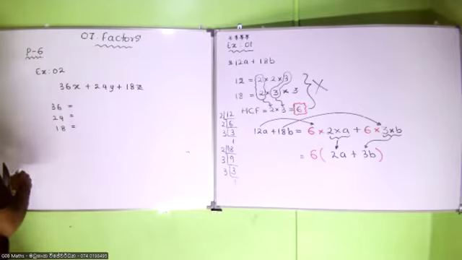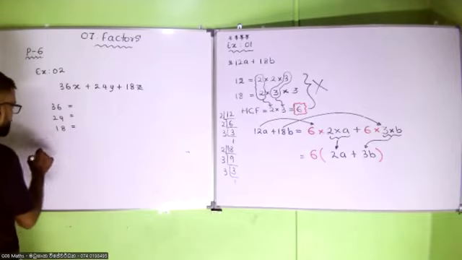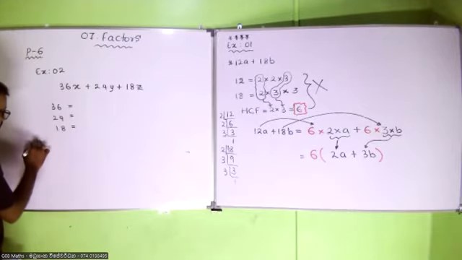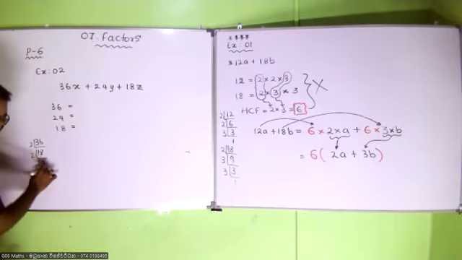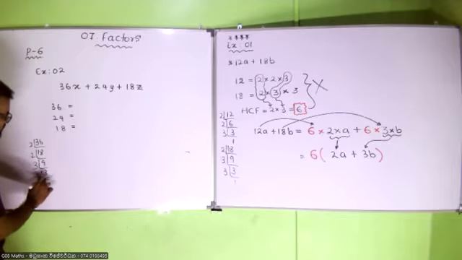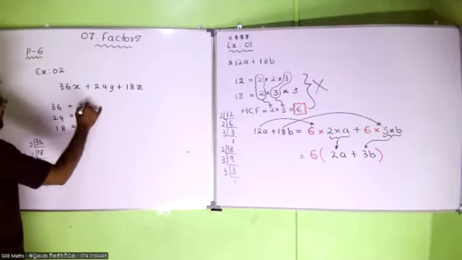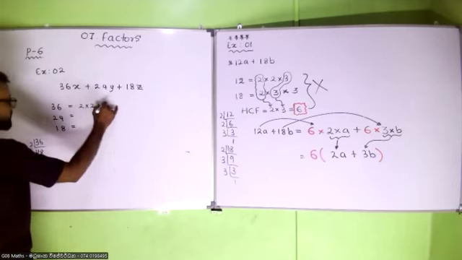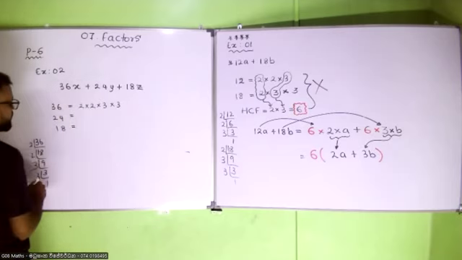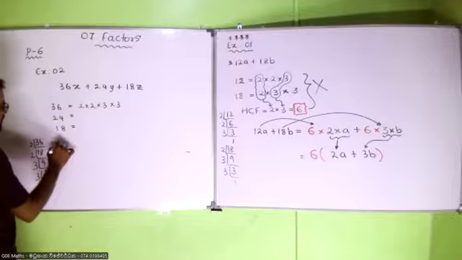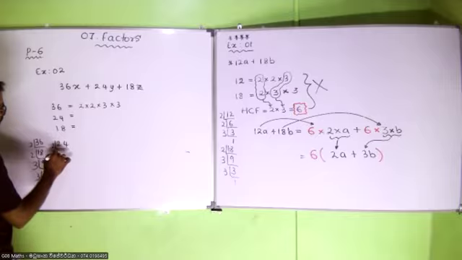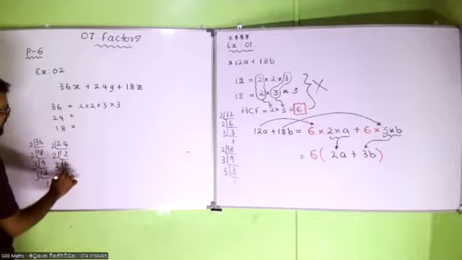Okay, so 36. How are we going to represent 36 as a product of prime factors? 36 is 18 times 2, 18 is 9 times 2, 9 is 3 times 3. So we can represent it as 2 times 2 times 3 times 3. Next, 24: 2 times 12, 2 times 6, 2 times 3.